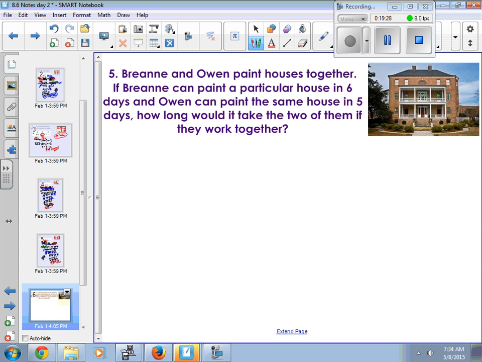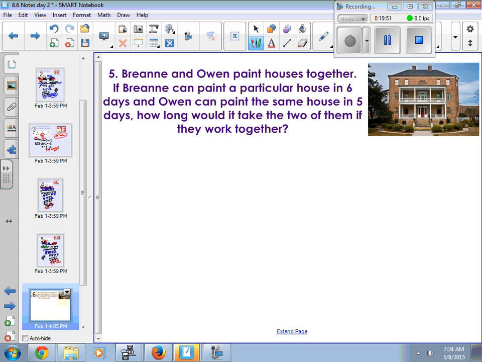They don't work at the same particular rate. So in order to do this one, what we want to do is see what we can do to make them the same. And if we could figure out how much they could paint in 1 hour, we could do that. So our first goal here is to figure out how much can Brienne and Owen paint in just a single hour, or I'm sorry, a single day.